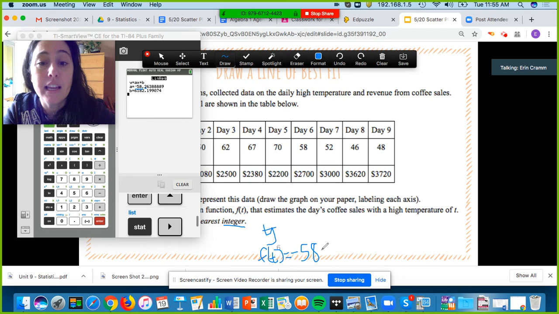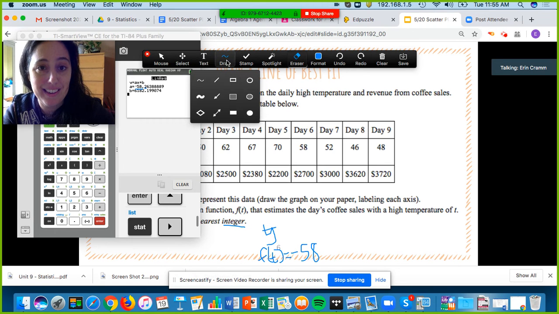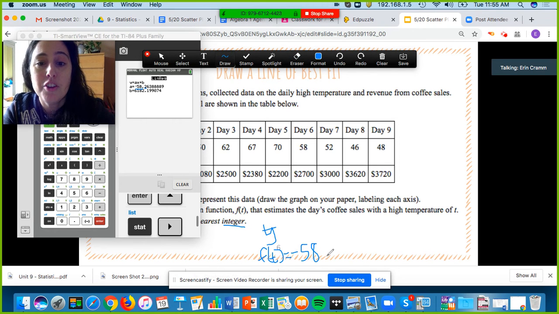So negative 58, oh wait, I don't put X. Remember, I put T. So negative 58T, and they do take a point off of this on a Regents exam or a state exam.